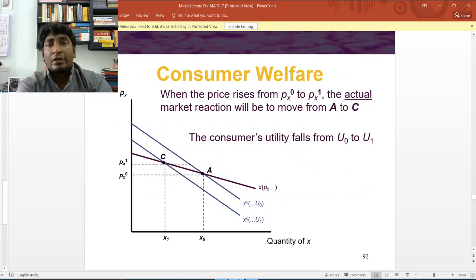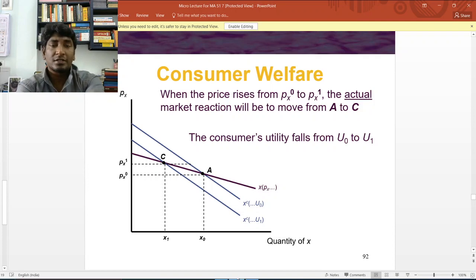So if you have a demand curve like this, that says to move from this to that at different compensated variations, then when the price rises from Px0 to Px1, the actual market reaction will be to move from A to C, and the consumer utility falls from U0 to U1.